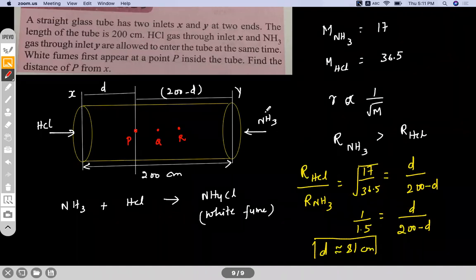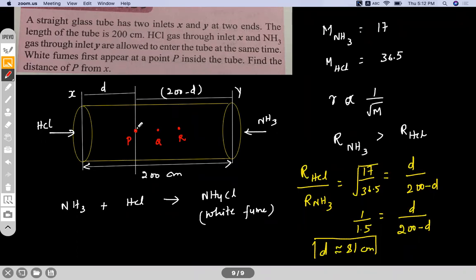In the same time, so obviously this NH3 will cross the half of the length of the cylinder, and somewhere in this region, this half of the cylinder on the HCl side, NH3 and HCl will meet because of the more rate of diffusion of NH3. Hence, the probable answer should be P, as per the given information in the question.